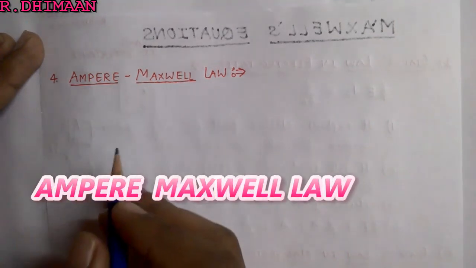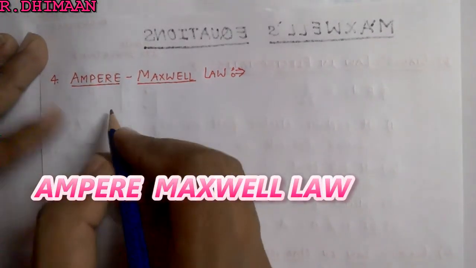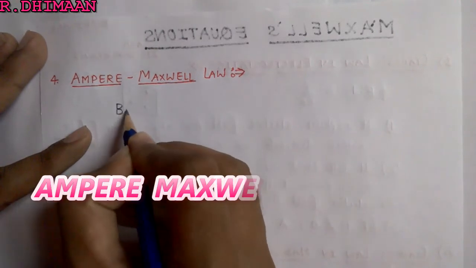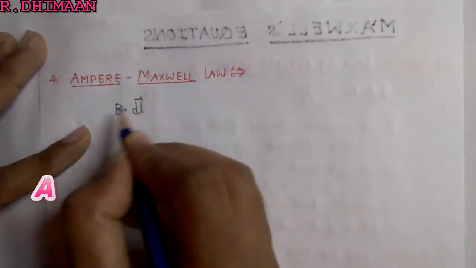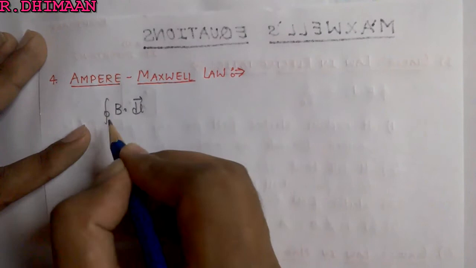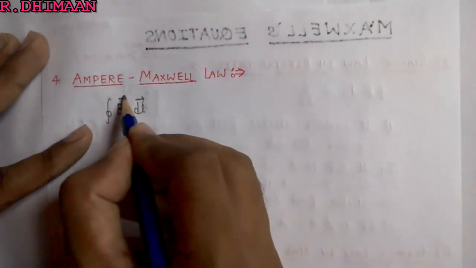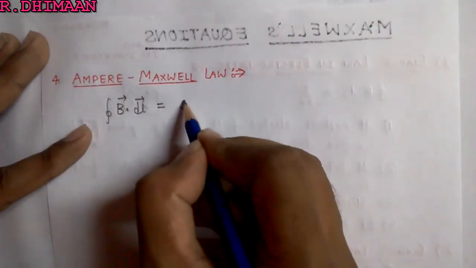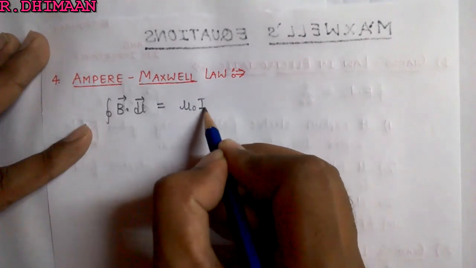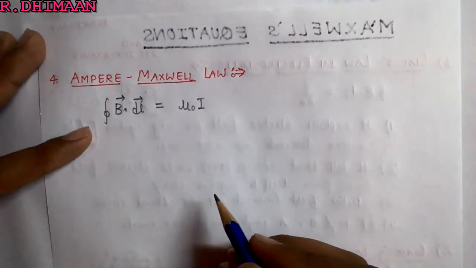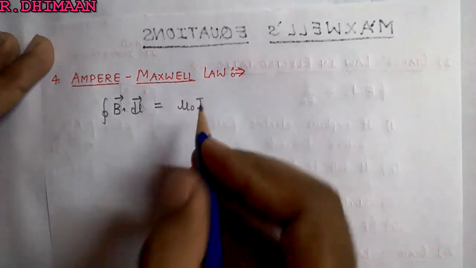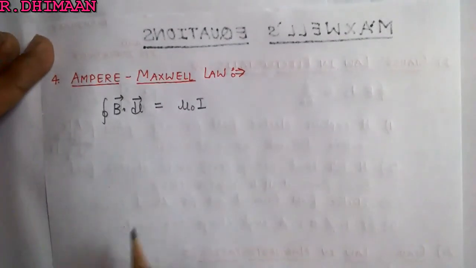Now we have the fourth equation, Ampere's Maxwell law. We know Ampere's law, B dot dl, means the line integral of magnetic field gives mu naught times the total current flowing through that length.